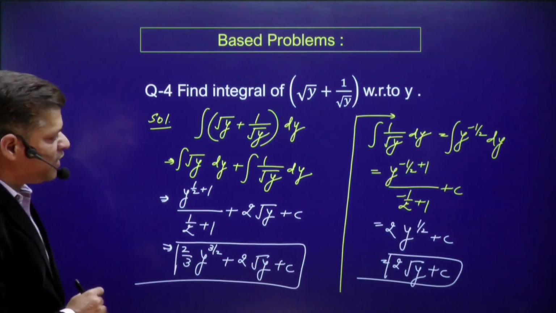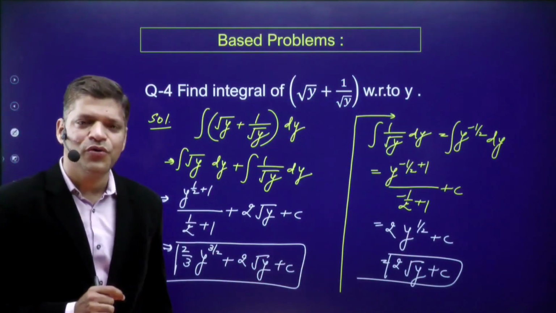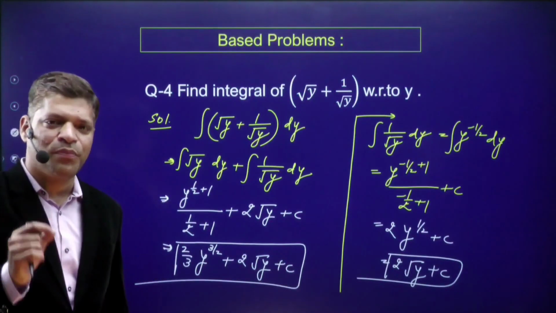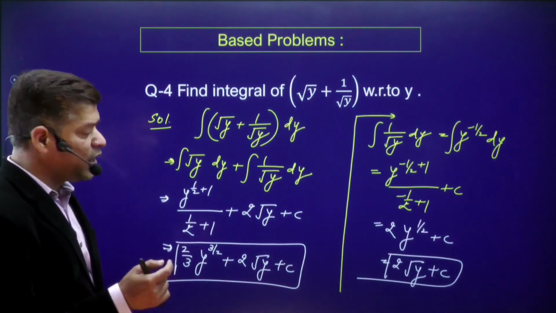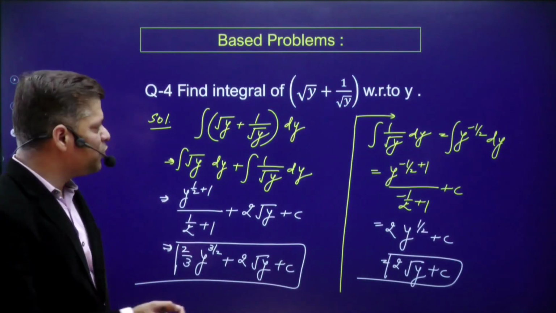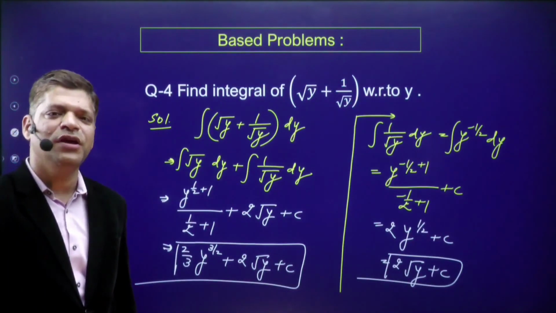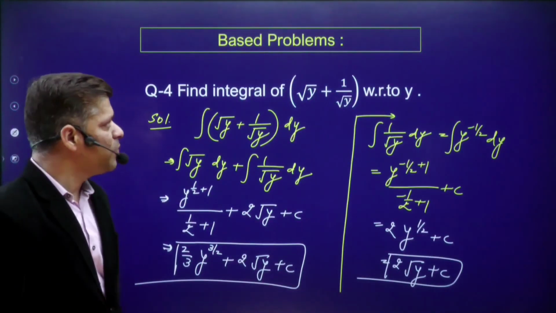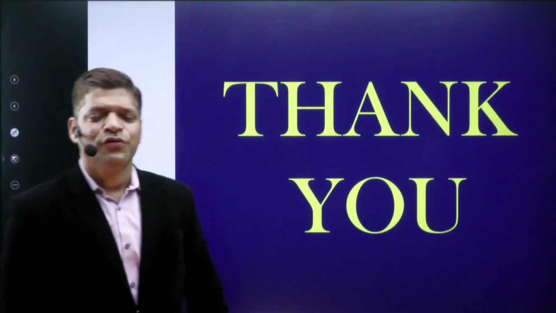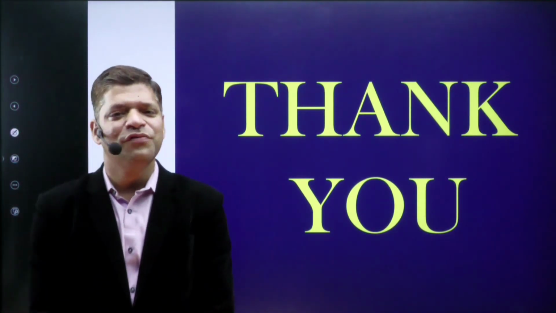I think you understand very clearly how you have to apply standard formulas, properties, and also definitions, so you can easily find integrals or antiderivatives of the given function. Okay, my dear students, thanks to all of you for today's lecture.